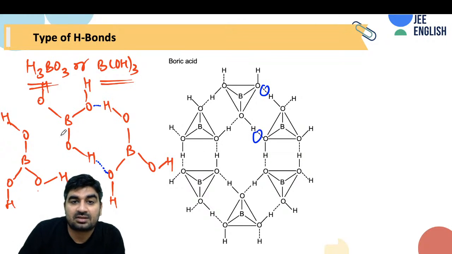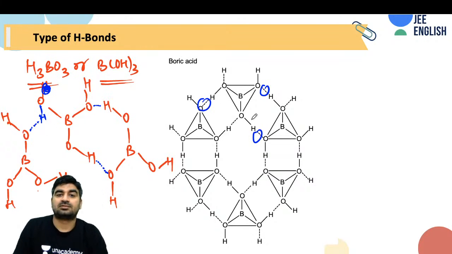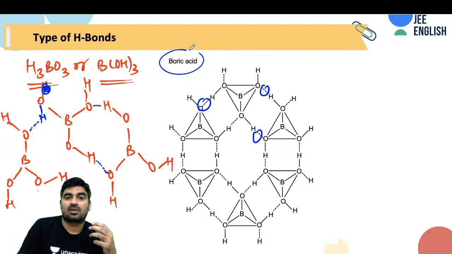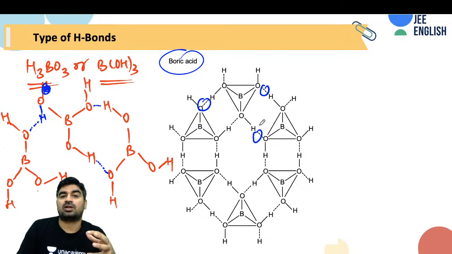Similarly, in this case, this hydrogen will be here only. So this is the boric acid structure, and it is due to intermolecular hydrogen bonding.